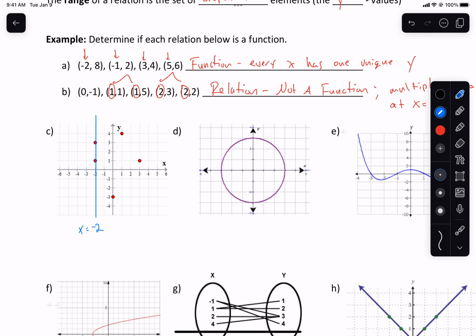Everybody see that? So that's not a function. We've broken the rule. For every x on this relation, we don't have a unique y. This one has 2. And again, it just has to happen once for it to not be a function. So at x equals -2, we have two different y values. That's not a function.